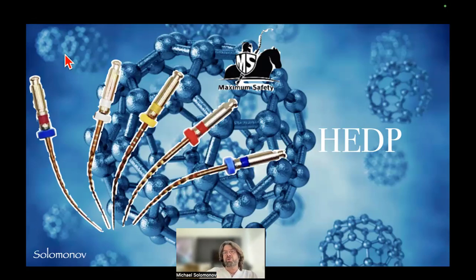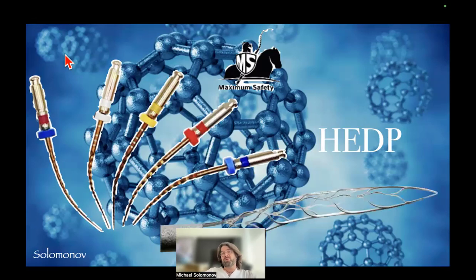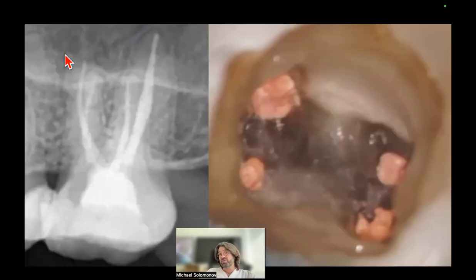In the end, as an additional final irrigation system, I used SAF, the self-adjusting file. And finally, I used my combination of lateral compaction, vertical compaction, and hydraulic condensation to fill it with an epoxy sealer named BGM with micromolecule.